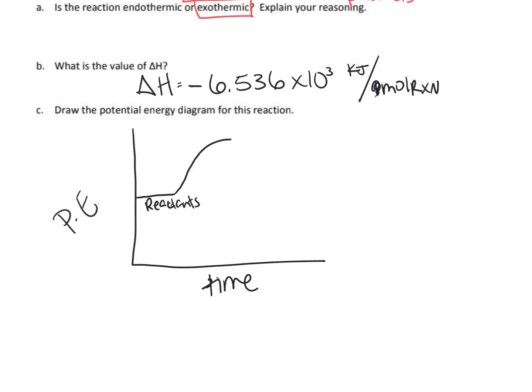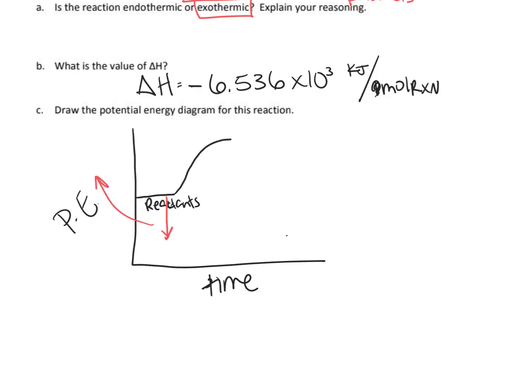Now, the most important part is this last part. Where are my products? Are my products going to be below my reactants in potential energy, or are they going to be above them? This was exothermic. So that means that I need to have lower energy because that energy leaves those reactants when this graph is complete.